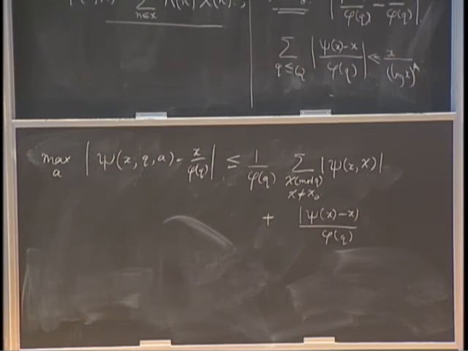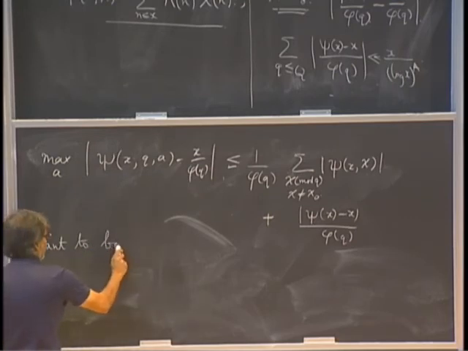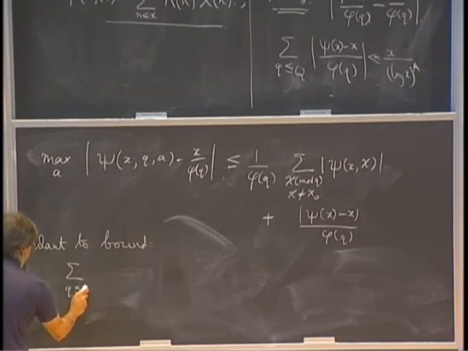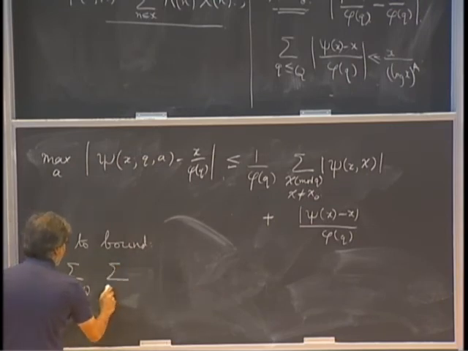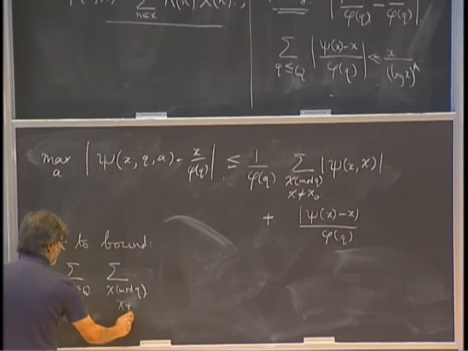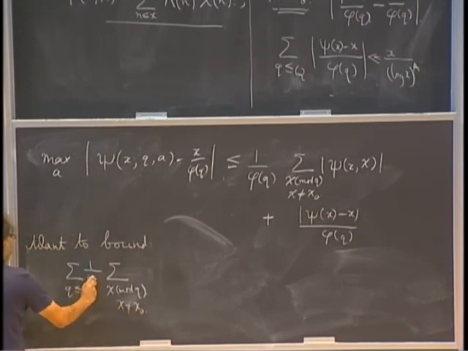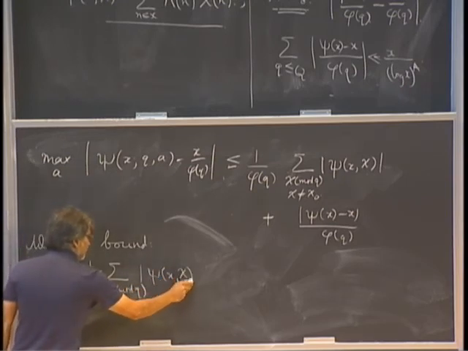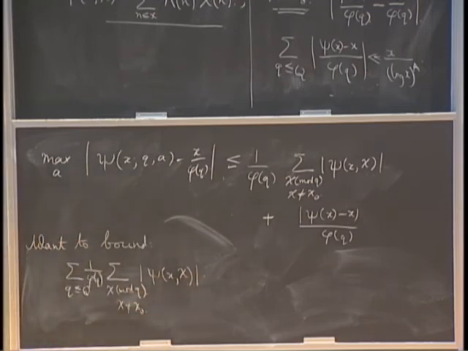So at this stage, what I want to bound is a sum over all q up to Q, then a sum over all characters chi mod q which are not principal, and then I have something like 1 over phi of q, and then the sum over the primes up to x weighted with this character chi. And again, I'm shooting for this to be bounded by x over log x to some power.